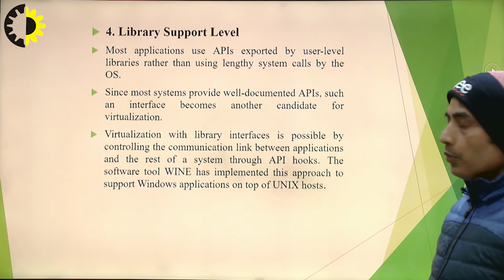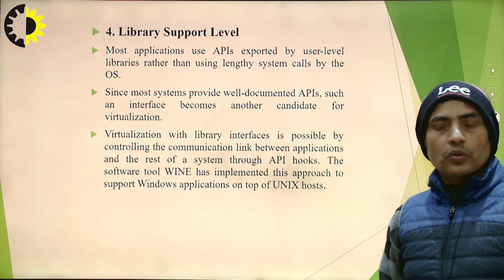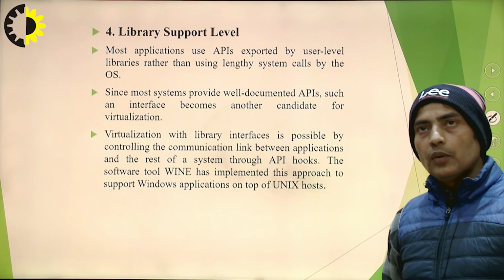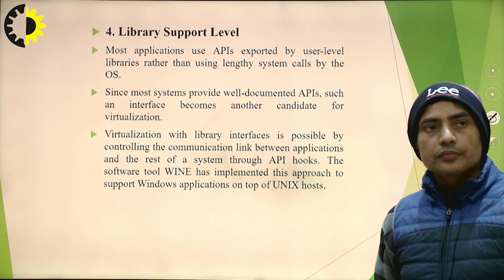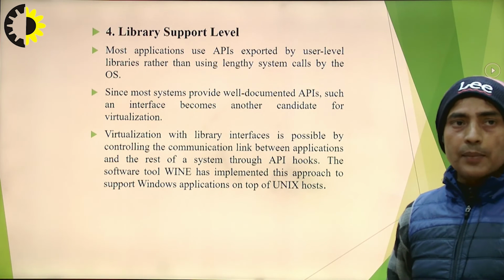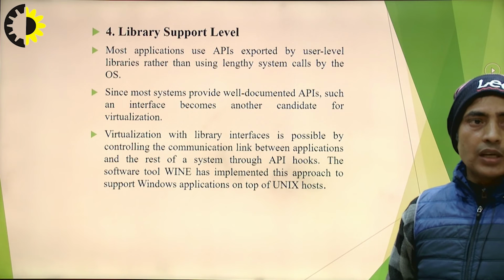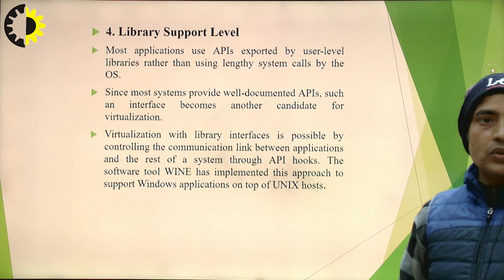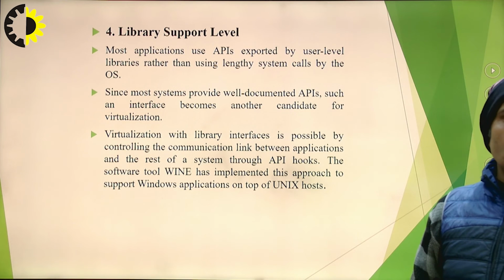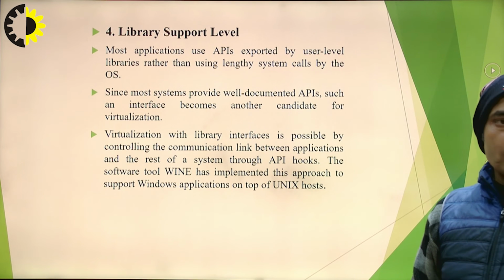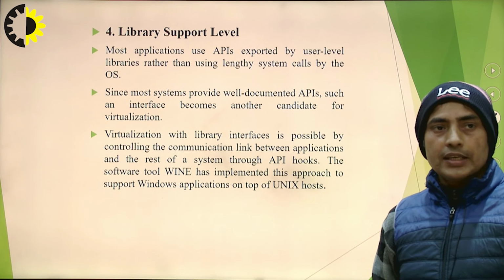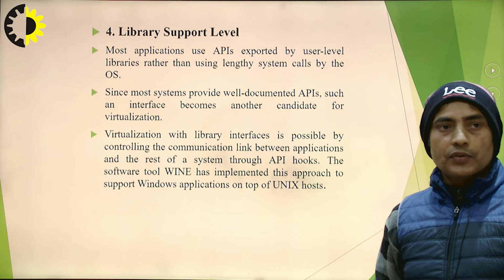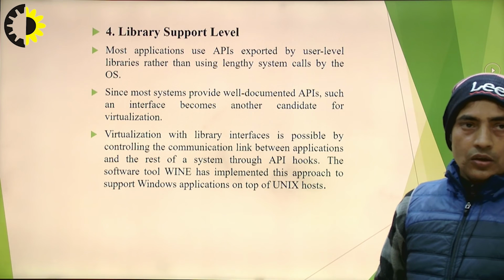Then the library support level. This is the level at which virtualization is done with the help of APIs. Most applications use APIs exported by user level libraries rather than lengthy system calls by the OS. Since most systems provide well documented APIs, such interfaces become another candidate for virtualization.